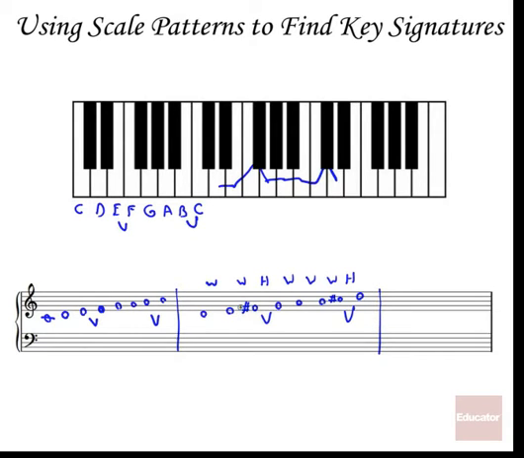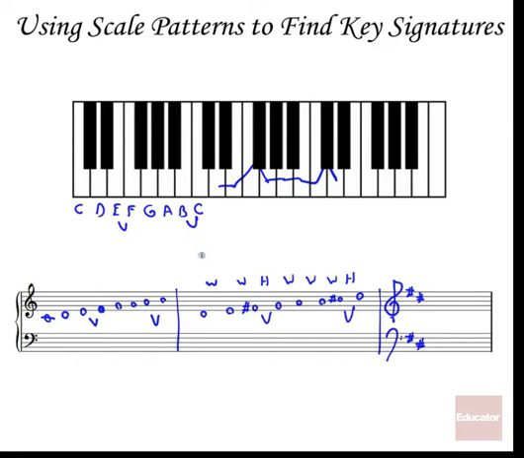So we see that there are two sharps in this D major scale, one on F sharp and one on C sharp. So if we were going to write this key signature, we would write, starting with the F sharp always, F sharp and C sharp. So this is one way to derive a major scale key signature.